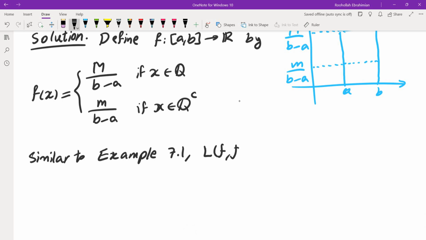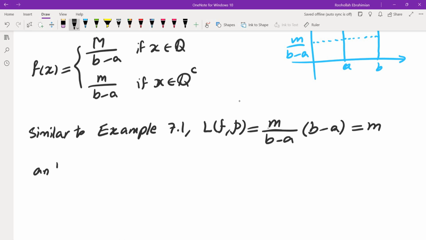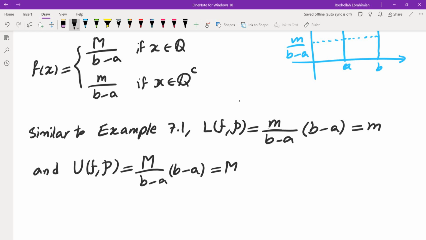Lower sum would be lowercase m over b minus a, so this would be all of the infimums, and then times b minus a, which is lowercase m. And upper sum is going to be capital M over b minus a times b minus a. It's the exact same process for every partition.